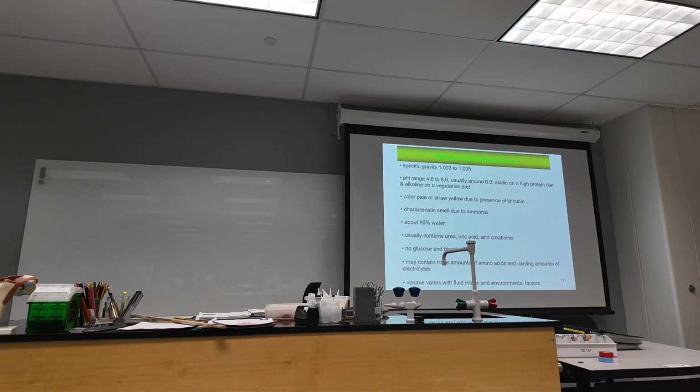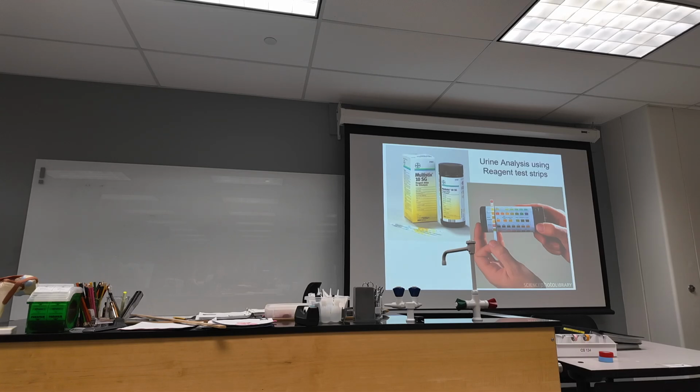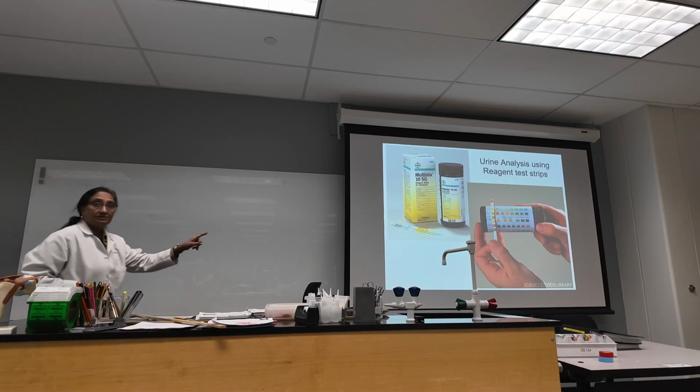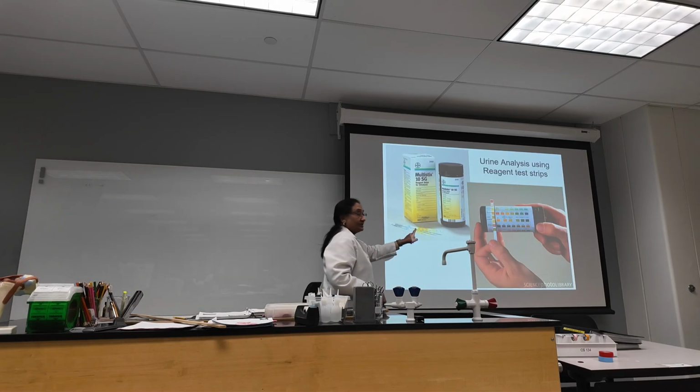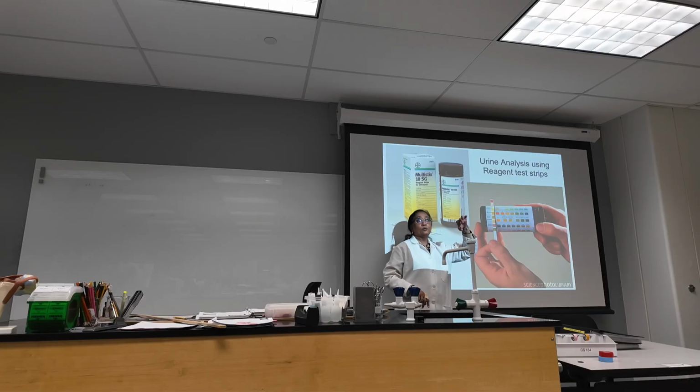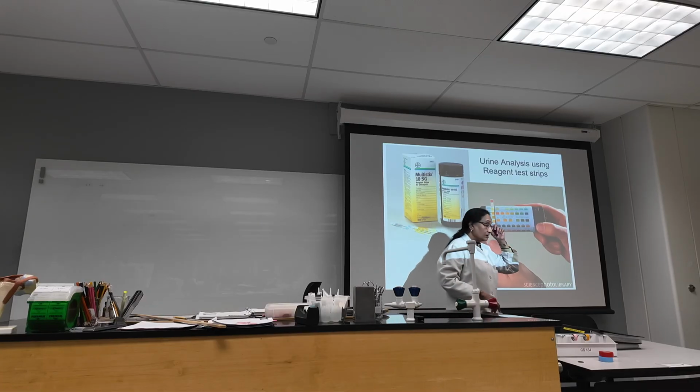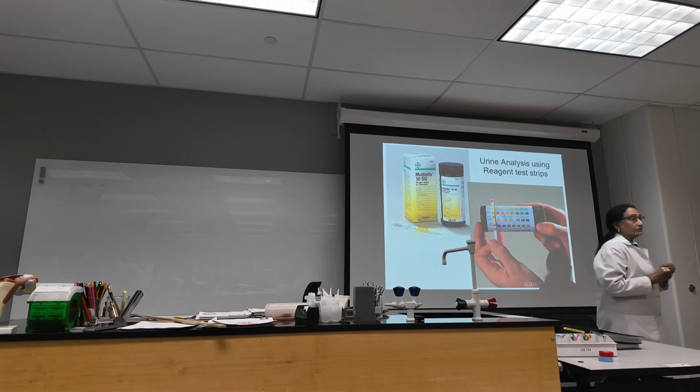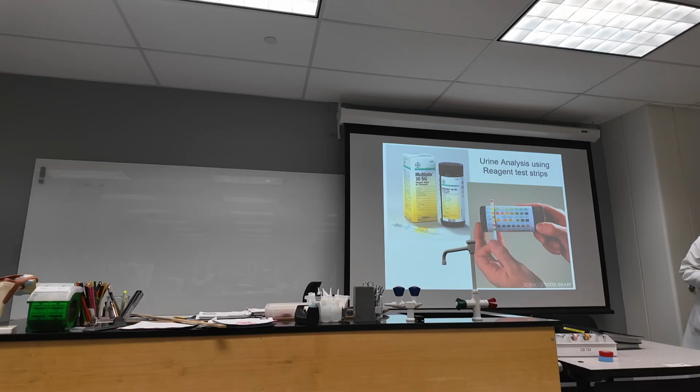I have the same picture as well. How many of you are familiar with this? This is a very quick way of analyzing urine for the presence of glucose or blood or protein.